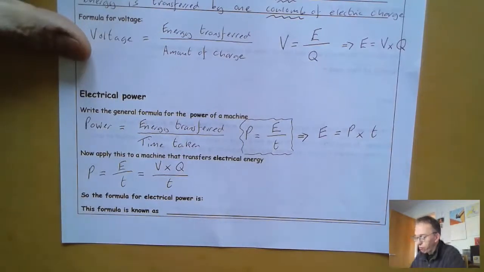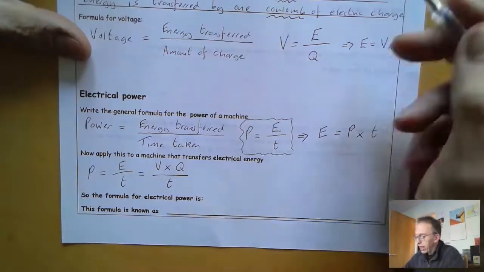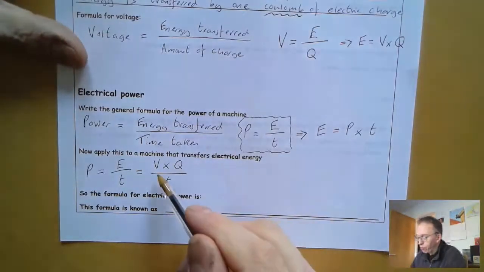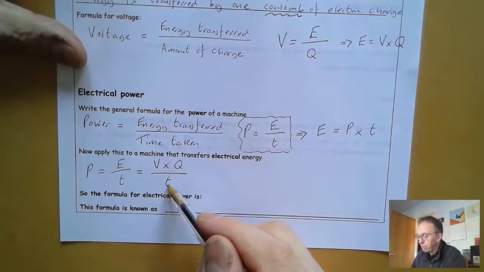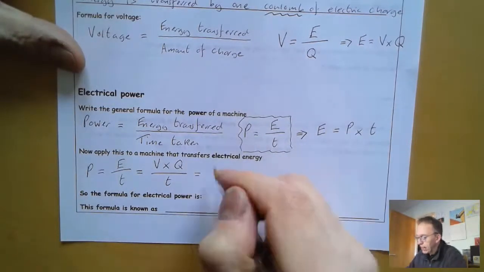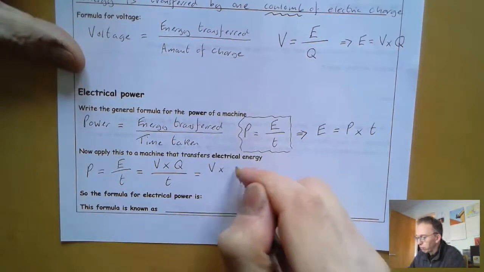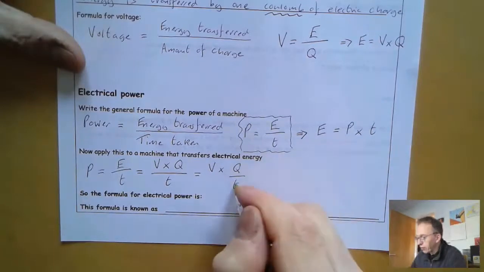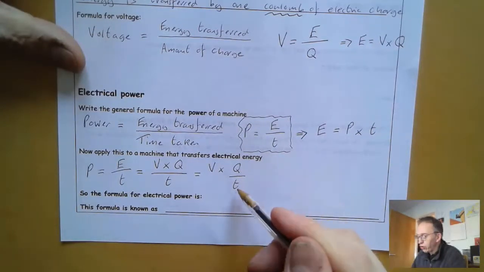Now, there's one more formula which might come in useful here, and that, well, you might notice, is that what we have here is V times Q divided by T. Now you might remember that we could write that as V multiplied by Q over T. That's just the same. Now, can you remember what Q over T is?